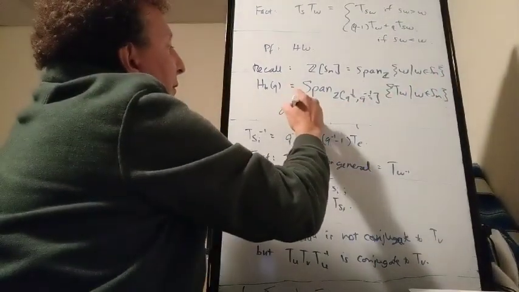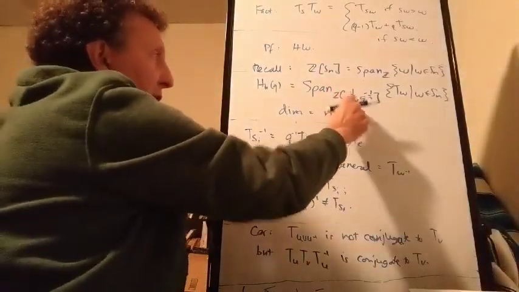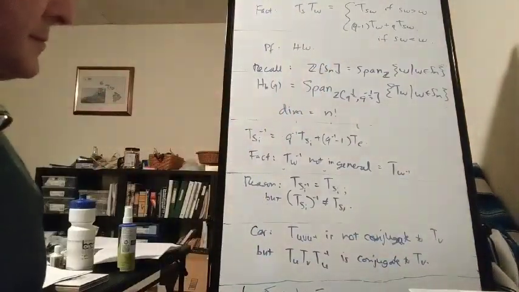So the dimension equals n factorial as a module over this ring with root q and 1 over root q in it. So that's it for the basics. The end.